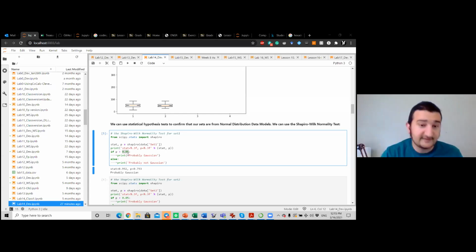If I reduce alpha, if I go from 0.05 to 0.01, I have increased my confidence. So lower significance level, higher confidence. Higher significance level, lower confidence. Do we all agree?